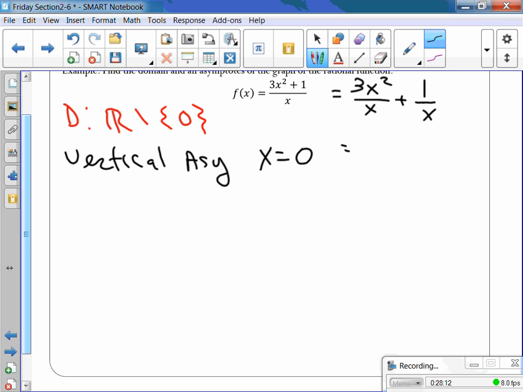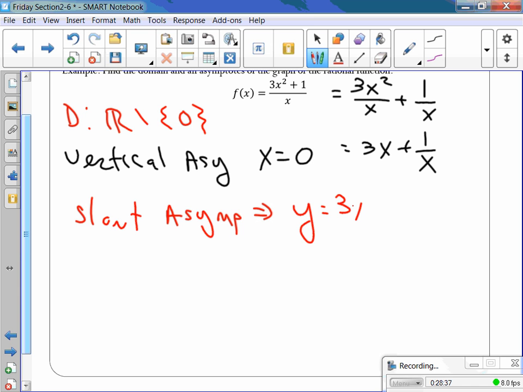So, knowing this, what do I get for my slant asymptote? Y equals 3x. The same thing as just taking the quotient and ignoring the remainder.